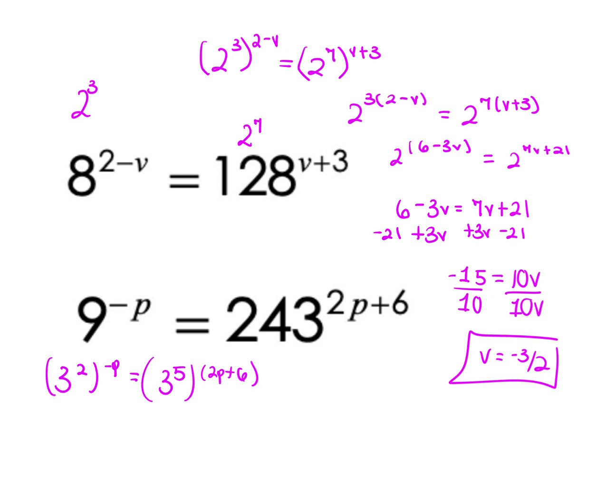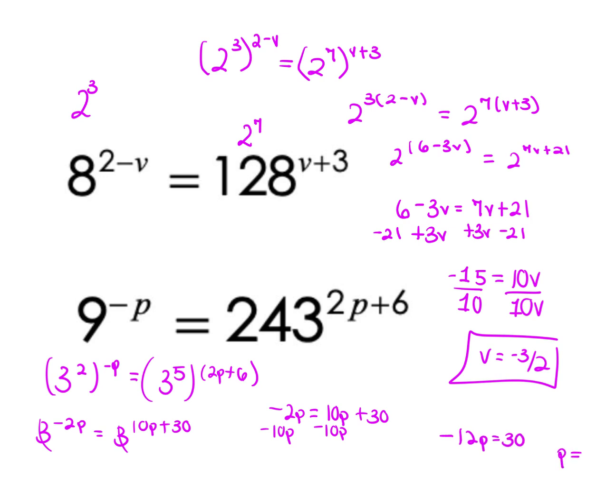So then this will be 3 to the negative 2p equals 3 to the 10p plus 30. The 3's cancel. We get negative 2p equals 10p plus 30. Minus 10p from both sides. We get negative 12p equals 30. So p can be negative 5/2.